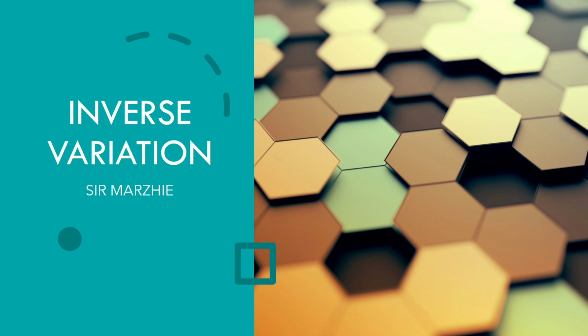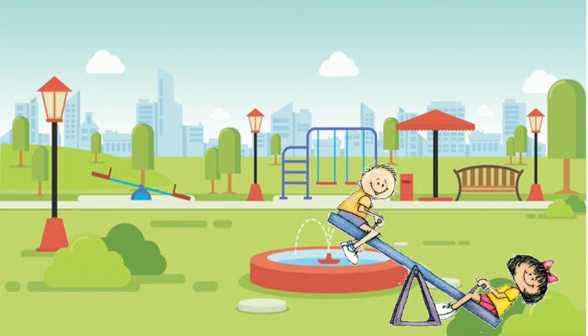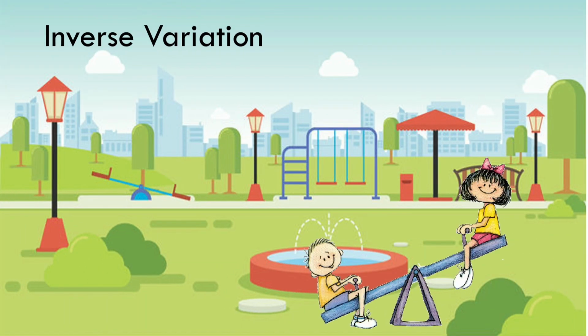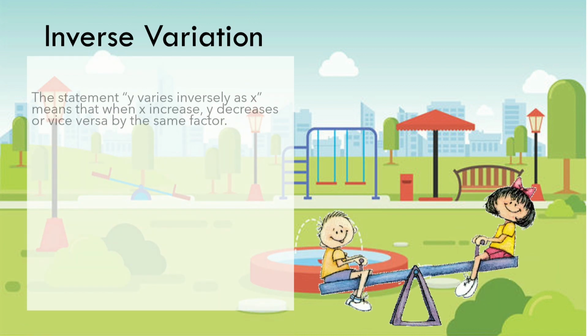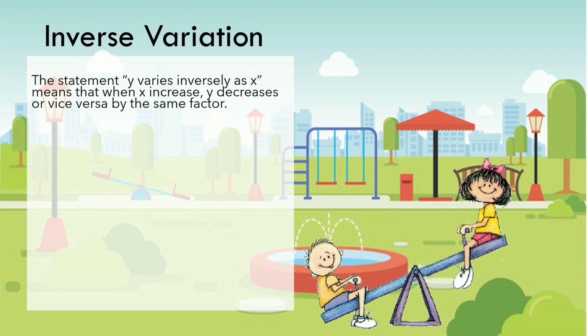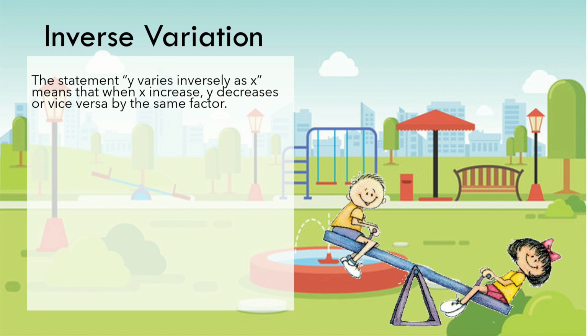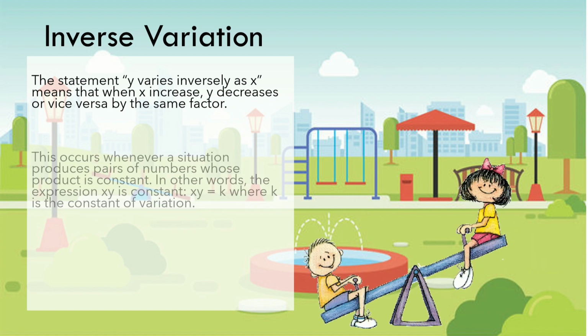This is Sir Marcy, and our lesson for today is all about inverse variation. Let's define first what an inverse variation is. The statement y varies inversely as x means that when x increases, y decreases, or vice versa, by the same factor.